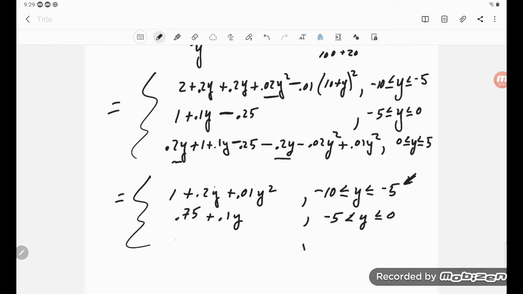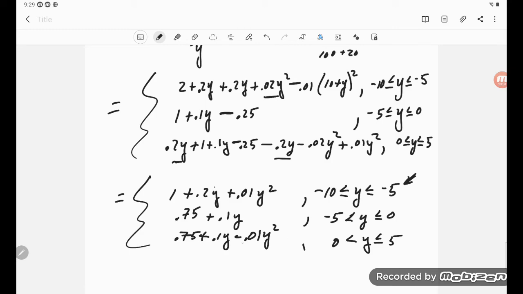So it looks like I should have 0.75 plus 0.1y, and this is from 0 less than y less than or equal to 5. And then a minus, it looks like, 0.01y squared.